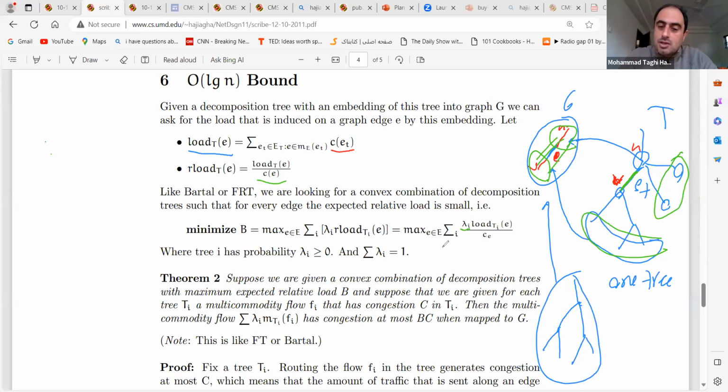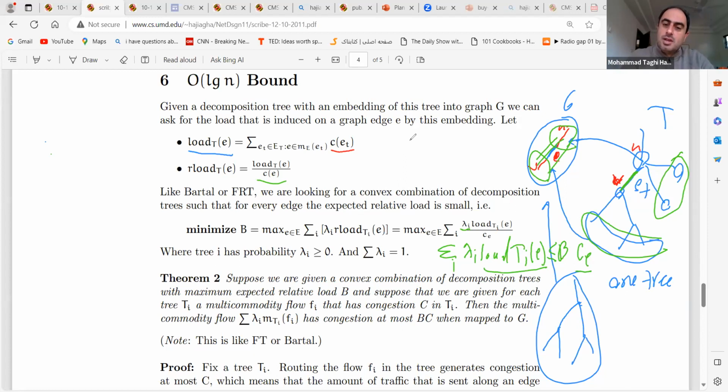Or you can say that essentially you want to make sure that for all E, the sum over i of lambda i times load Ti of E is less than B times C of E. And here, as I mentioned, this load Ti, this Ce, would essentially correspond to distance.